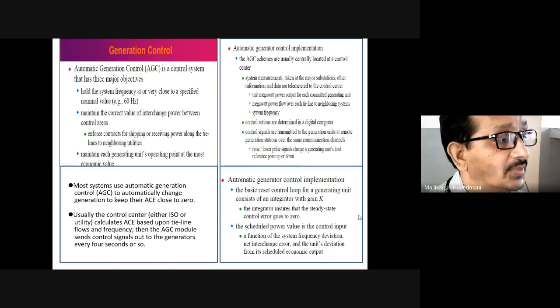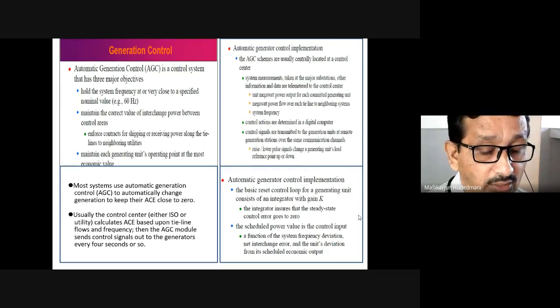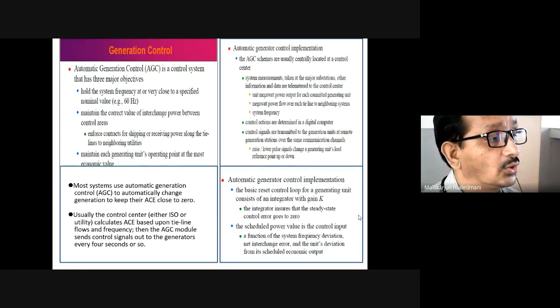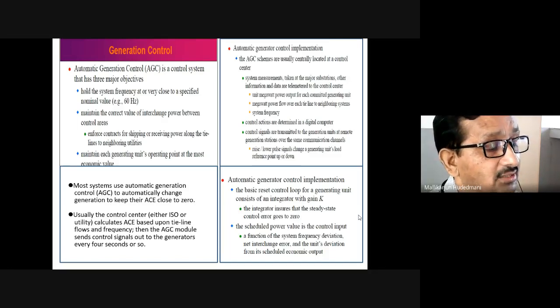What do you mean by automatic generation controller? What are the objectives of this control loop or control mechanism? As you can see on the slide, there are 4 sub blocks. On the left top, you can see automatic generation control is a control that has 3 major objectives.